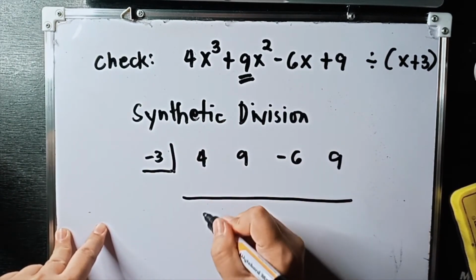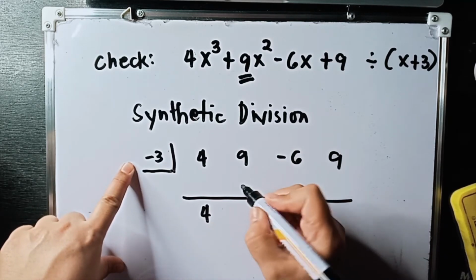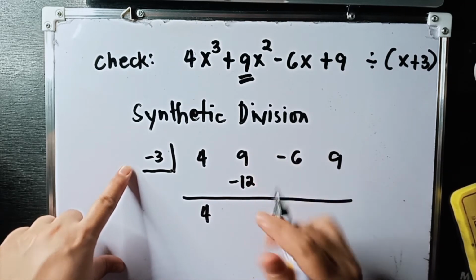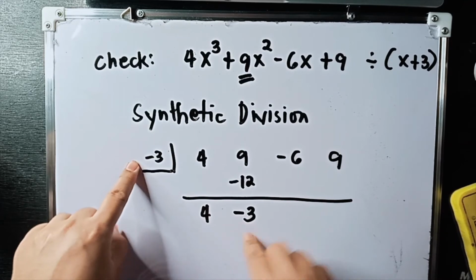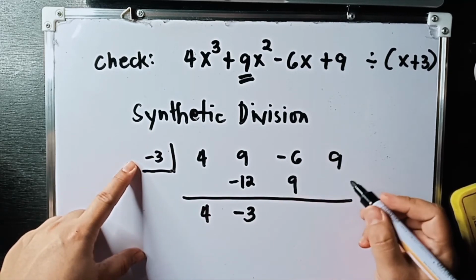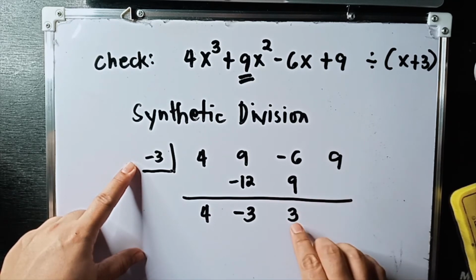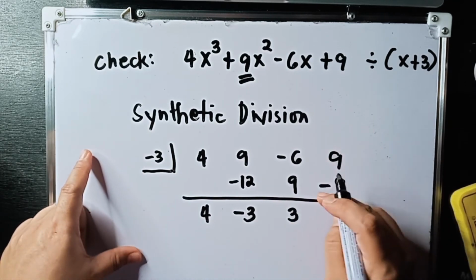Then, we bring down 4. 4 times negative 3 is negative 12. 9 minus 12 is negative 3. Negative 3 times negative 3 is positive 9. Negative 6 plus 9 is positive 3. 3 times negative 3 is negative 9. 9 minus 9 is 0.